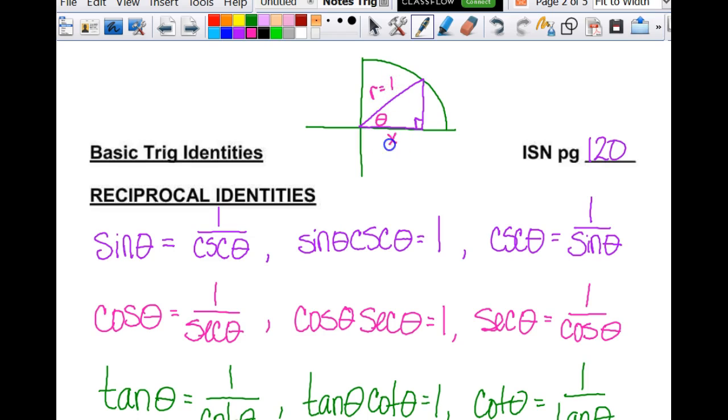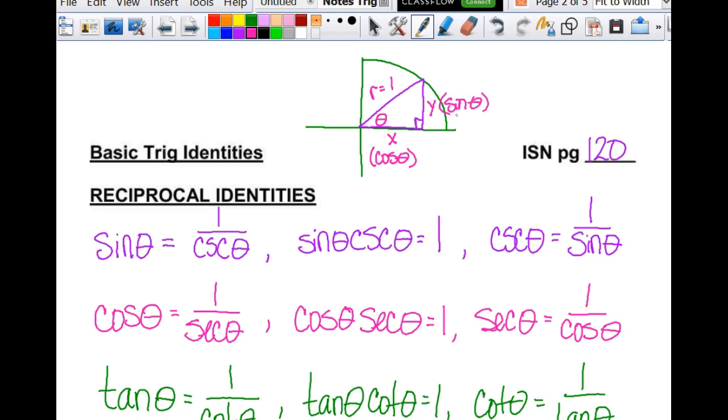This is our x value, and this is our y value, right? And what is x? Cosine or sine? Cosine. So this is cosine theta, and this is sine theta. I know from the Pythagorean theorem that a squared plus b squared equals c squared, and in this picture, x squared plus y squared equals 1 squared. What's 1 squared always? 1.